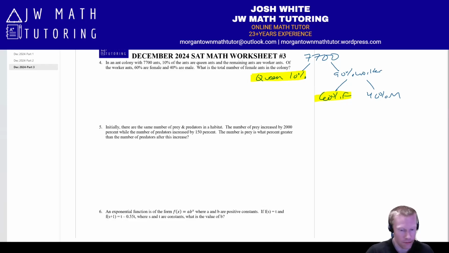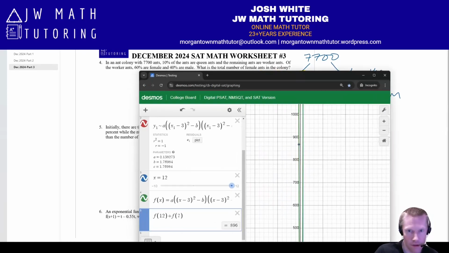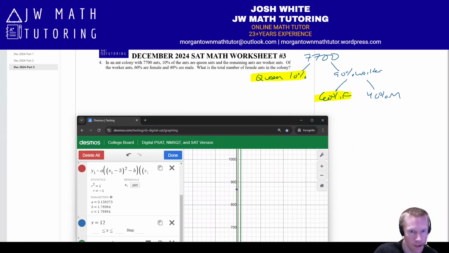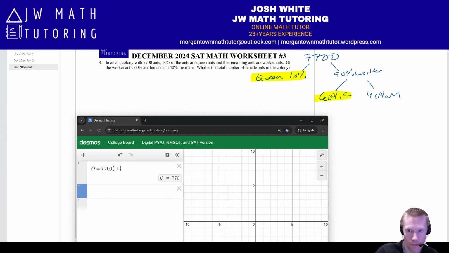So we can just go to Desmos. Let me get rid of all this. Okay, so first 7,700 times 0.1. That's my number of queen ants. I'm just going to call that Q. And then, that's how many worker ants I have, 6,930.